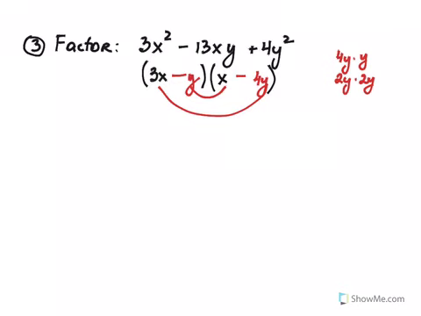Let's check our work. 3x times x is 3x squared. Now let's take a look at our product of last two elements of each binomial. -y times -4y does give me positive 4y squared. And the two products, -yx and -12xy, together combine to -13xy.